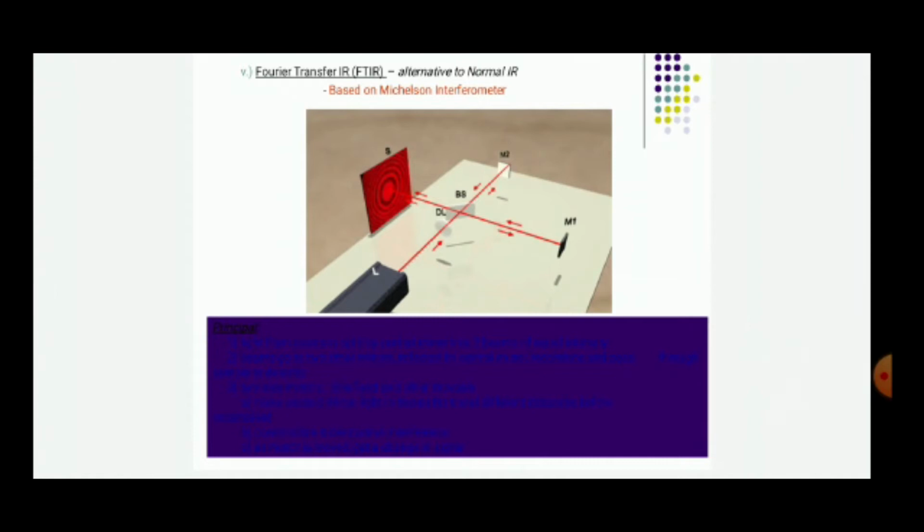Because we have a Michelson interferometer used here to chop the light coming out from the light source, and then a mathematical algorithm, the Fourier transform, converts the signal given by the sample into readable form. That is why the instrument is called FTIR, not simple IR.